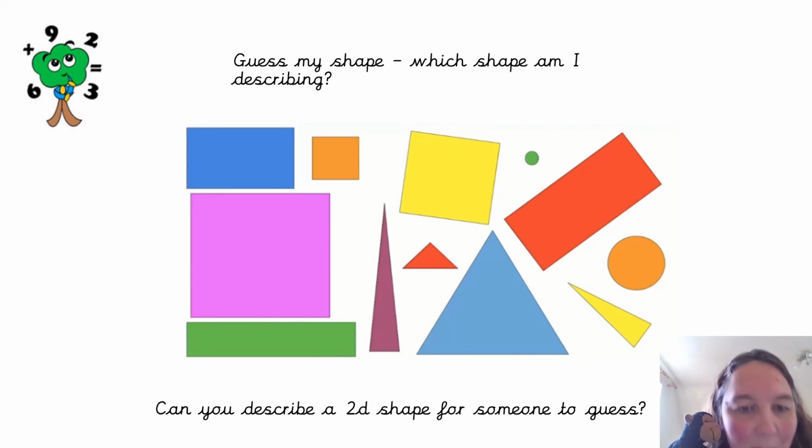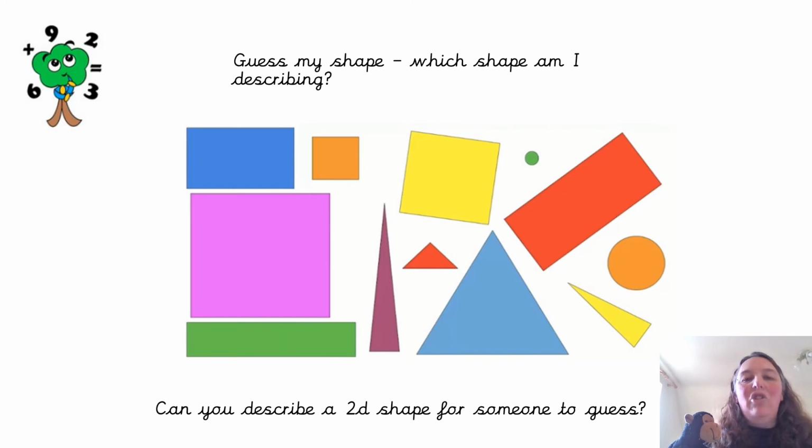Next one, Maths Monkey. This shape also has 4 straight sides. It has 4 vertices. 2 of the sides are longer than 2 of the other sides.